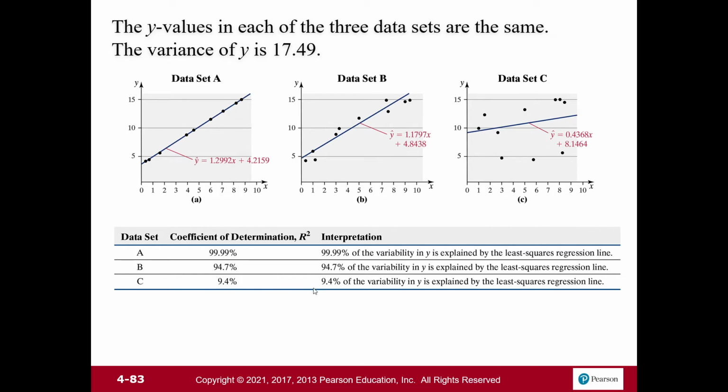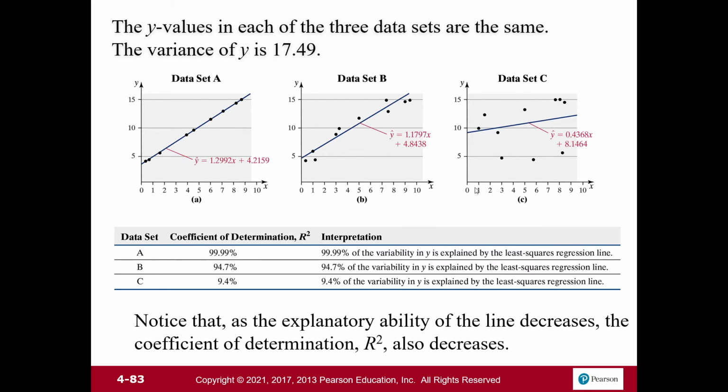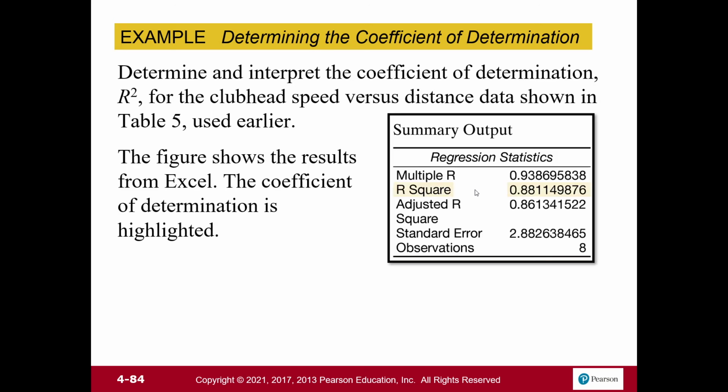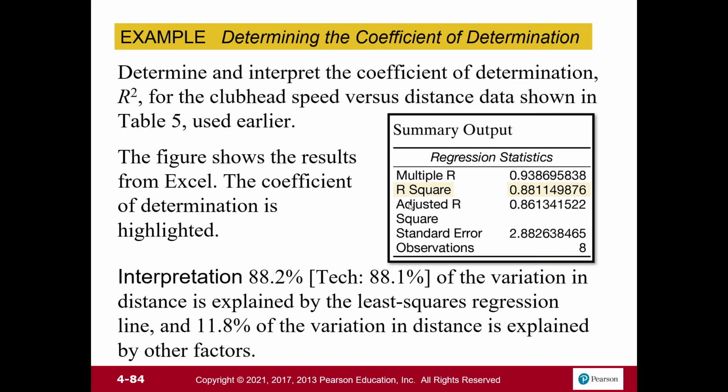All right, this lets us know that the regression line is not really doing a good job of predicting the Y values. So in our calculator, the R and the R squared are always together. So when we have R, we literally just square it and we can get the R squared.